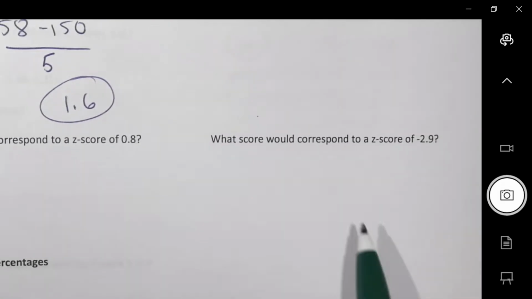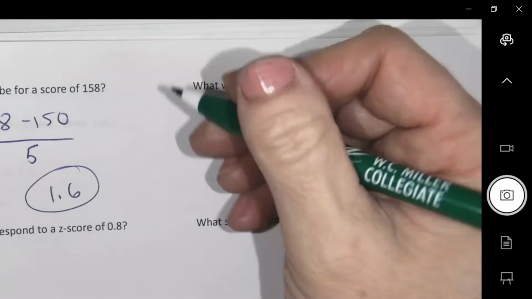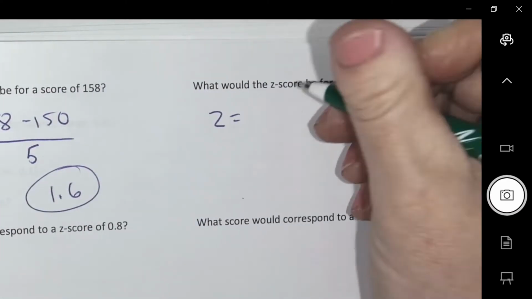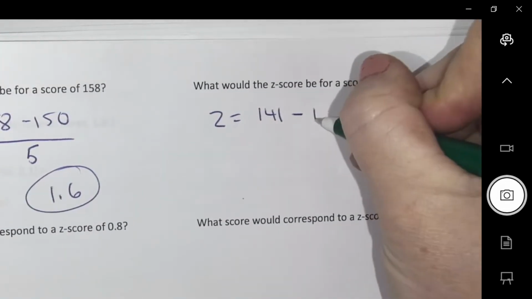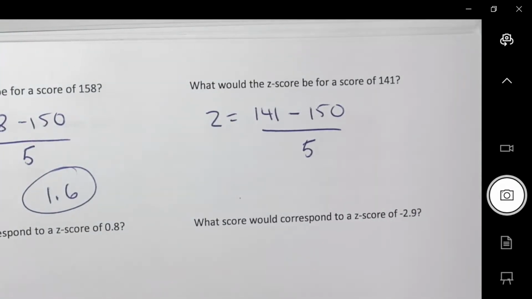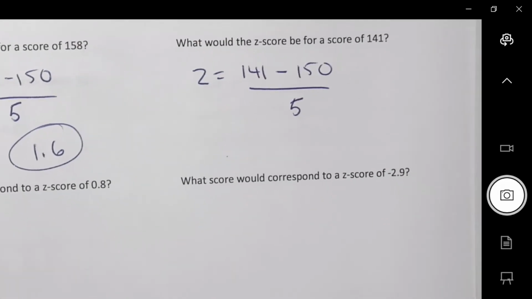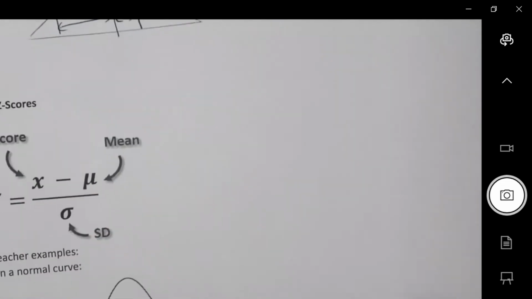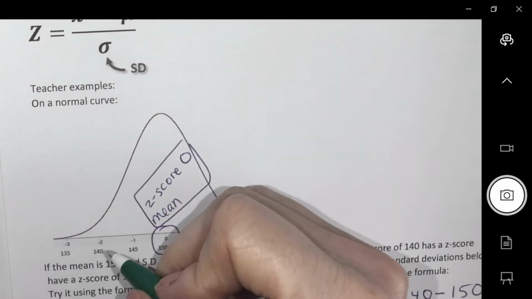Okay, the z-score for 141. So z equals my score of 141 minus the mean over the standard. I'm going to look and predict before I even do this. So 141 on this curve would be right here.